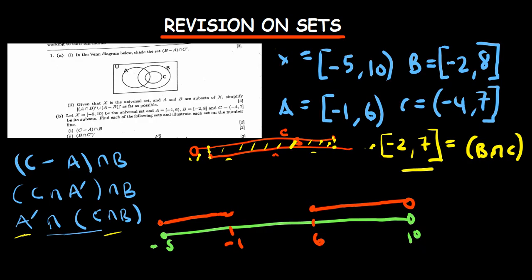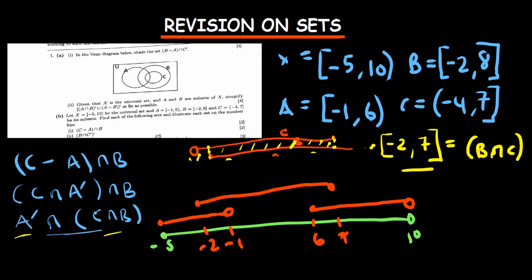I will have to plot negative 2. It's closed at negative 2, like that. Then up to 7, it's closed there as well.